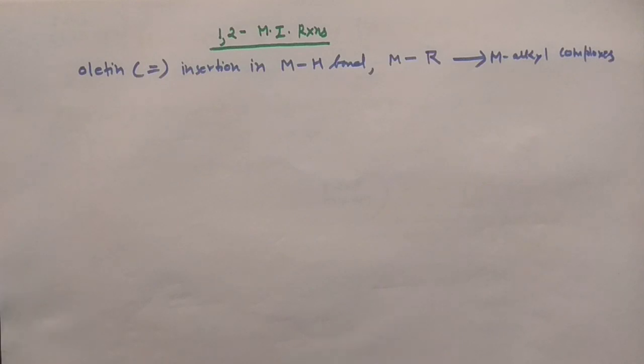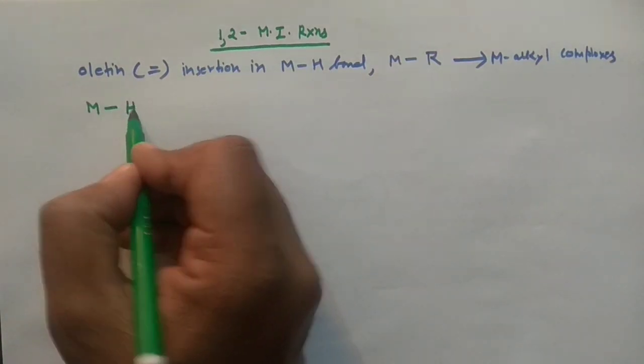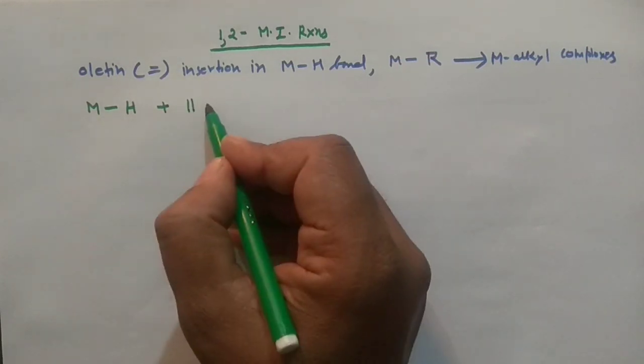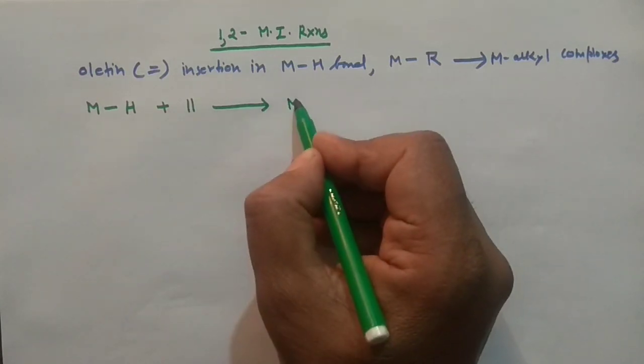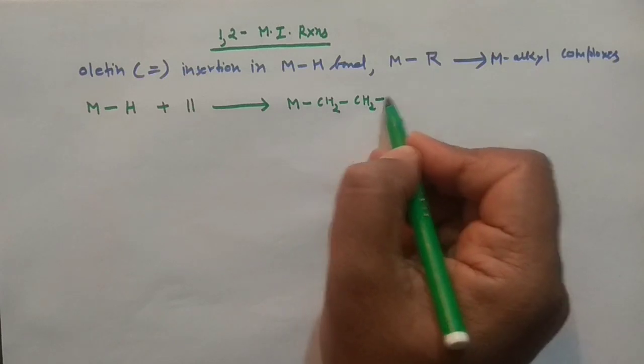And a very important reaction. You can understand how this reaction occurs in this way. Say I have my metal hydrogen bond, and I'm inserting this doubly bonded compound, doing 1,2 insertion. So the metal would be here, and this is CH2, this is CH2, and this is the hydrogen.